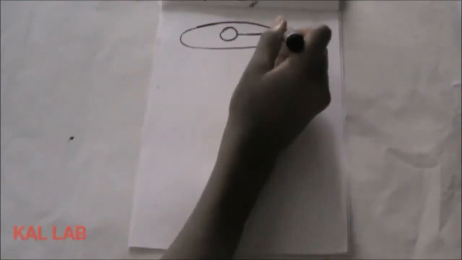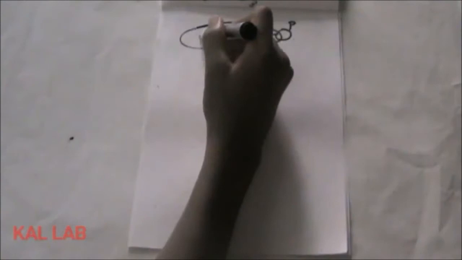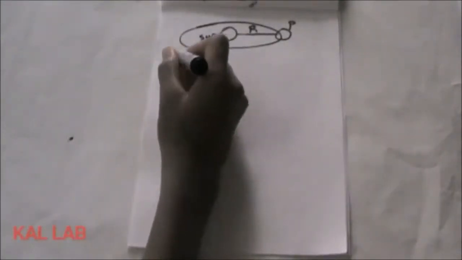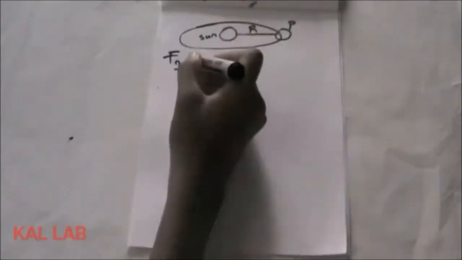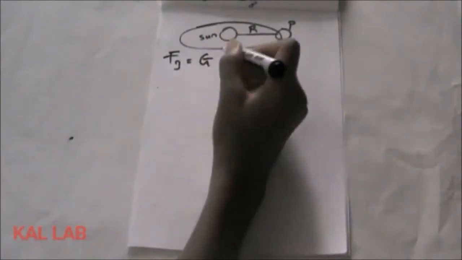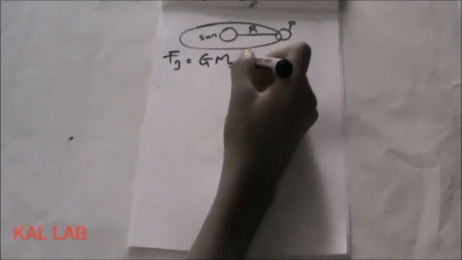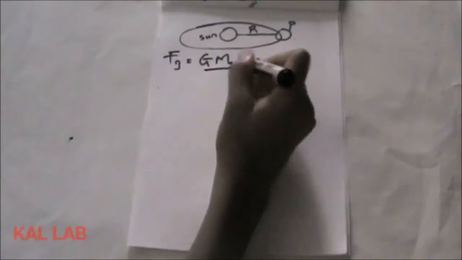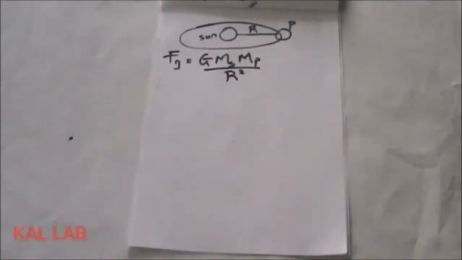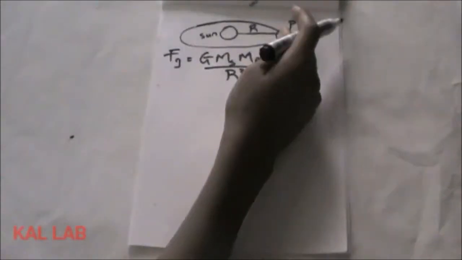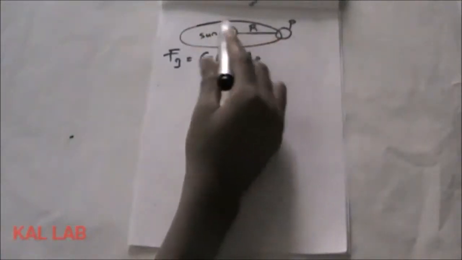So in the case of the planet and the sun, the gravitational force between them is G, mass of the sun, mass of the planet, divided by the square of the distance between them. This is a circular motion where the planet goes around the sun.